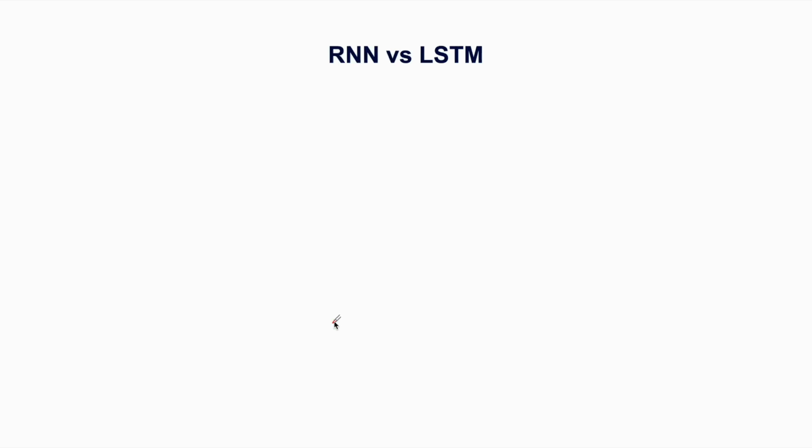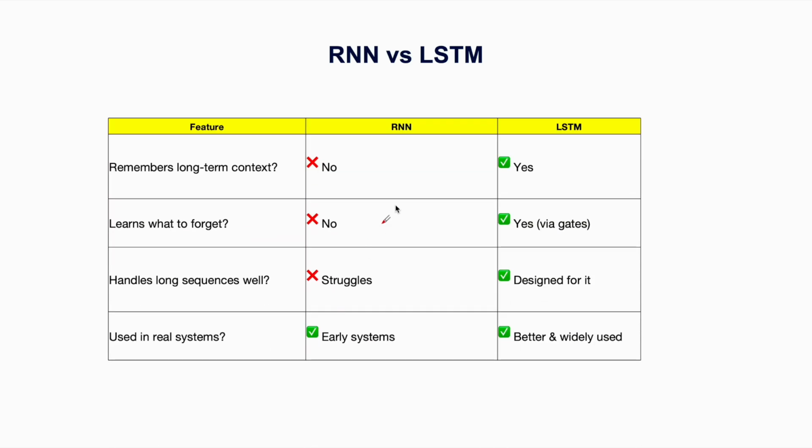Let us understand some of the differences between RNN and LSTM, or long short term memory. RNN cannot remember the long term context, but LSTM can remember the long term context. RNN does not understand what to forget and what to remember, but LSTM understands what to remember and what to forget using the gates that we have shown in the earlier picture.